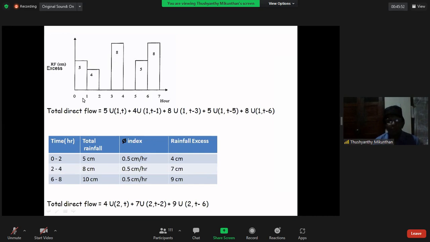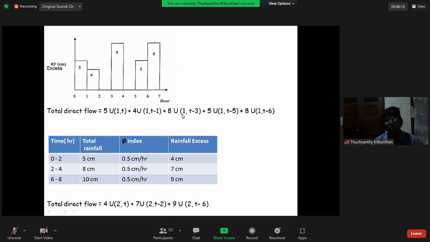Why t minus 1? Because this is 8 o'clock, this is 9 o'clock, which means after this particular rainfall, after 1 hour, the second rainfall takes place. After the second hour, this rainfall takes place. So 4U 1 t minus 1.